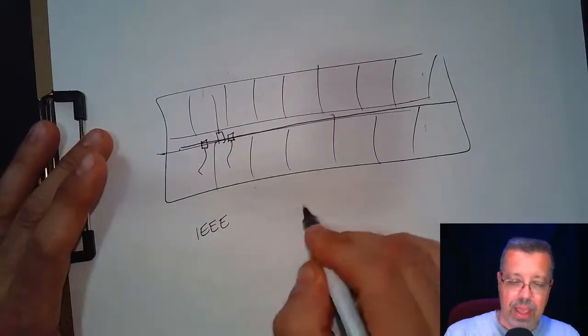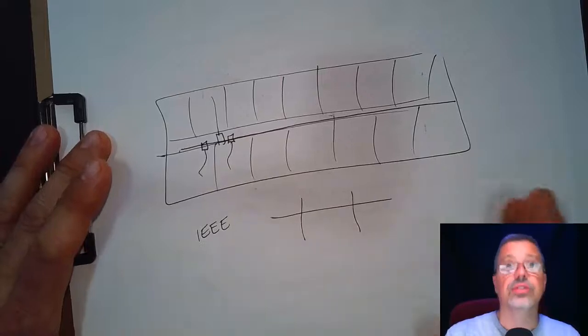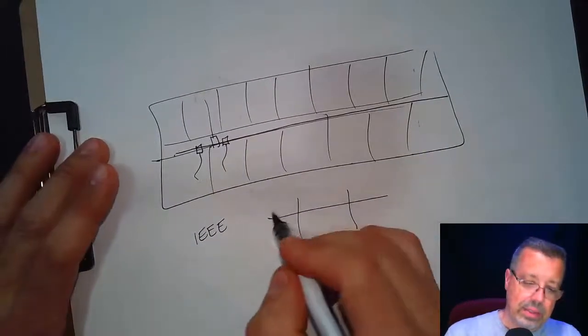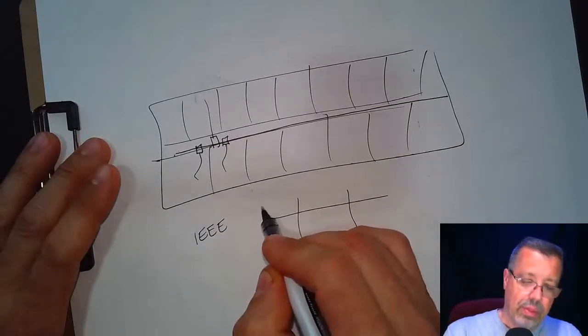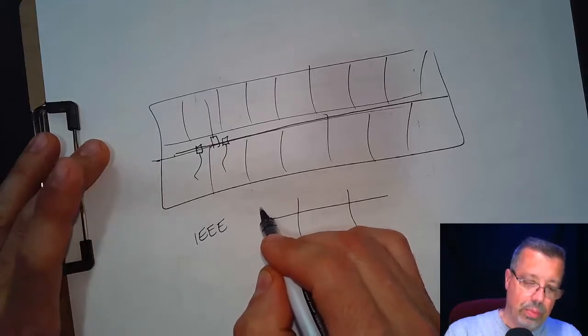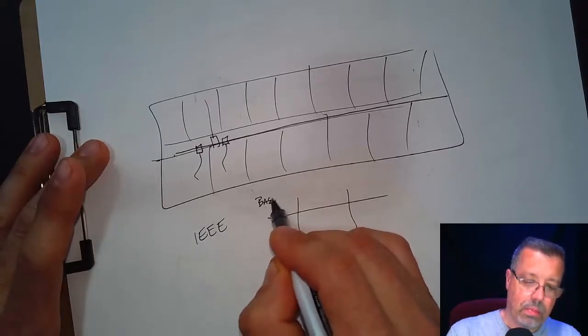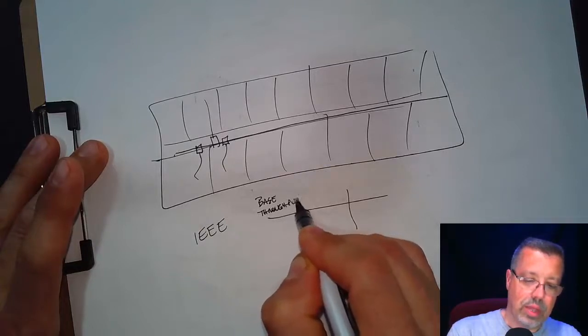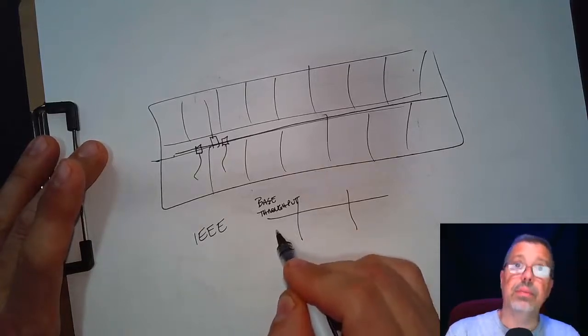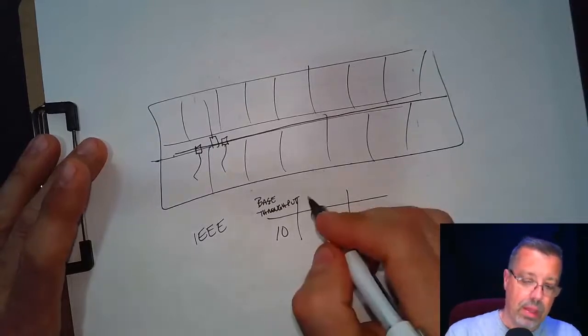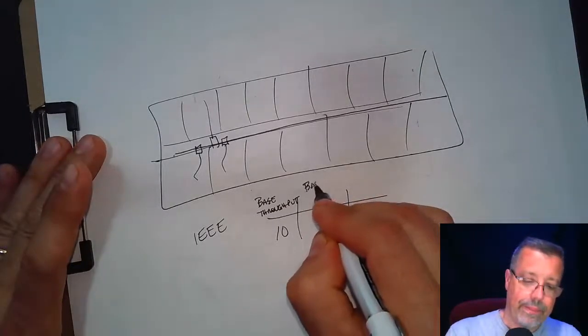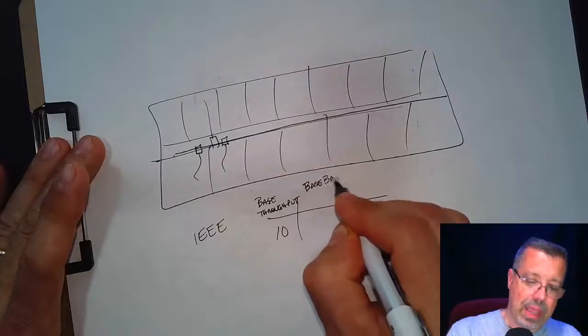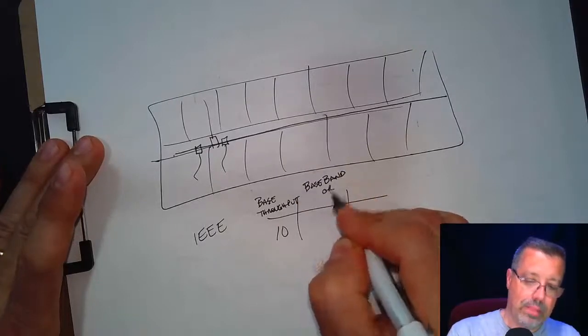But their standard is the base throughput, which in this case is 10 megabit because it's standard Ethernet. This one is baseband or broadband.